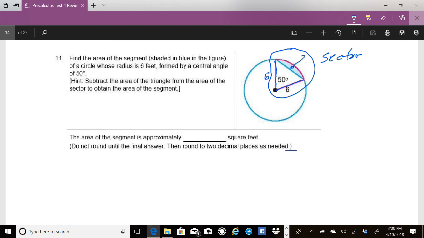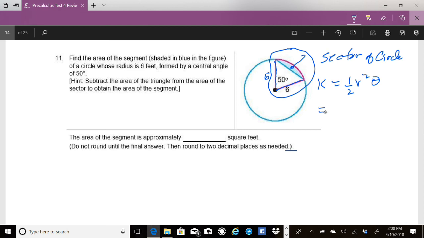So let's first calculate the sector of the circle. And this area is going to be 1/2 r squared theta. You remember that from when we first started looking at unit circles and circles.